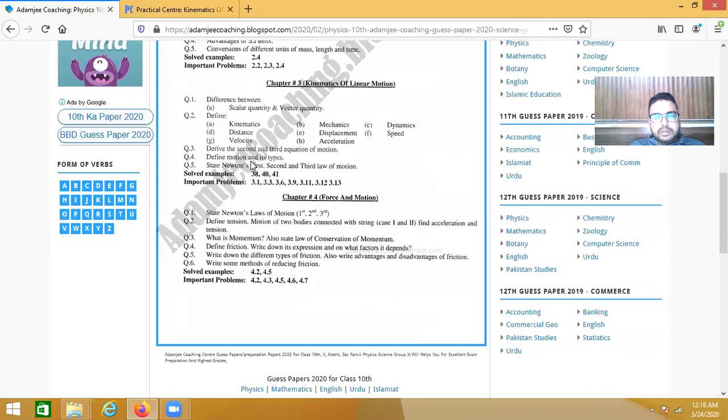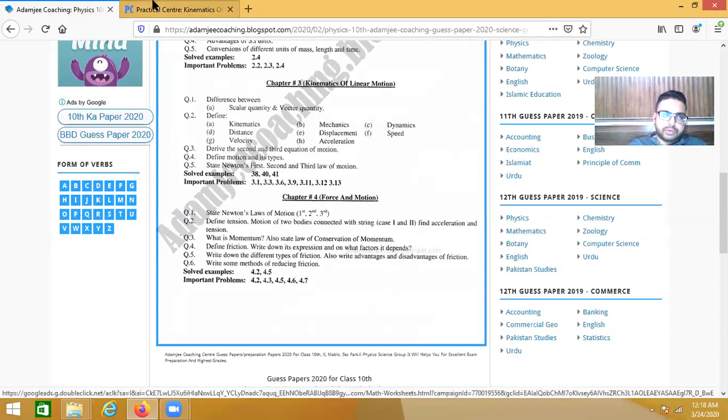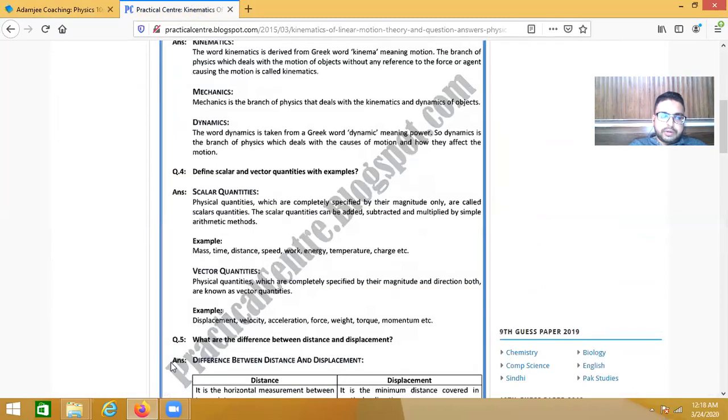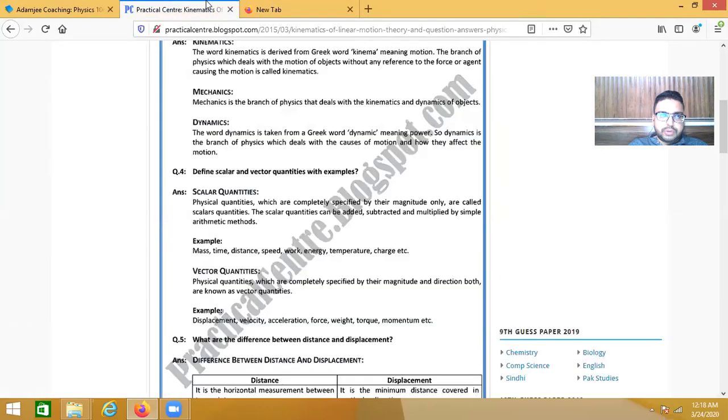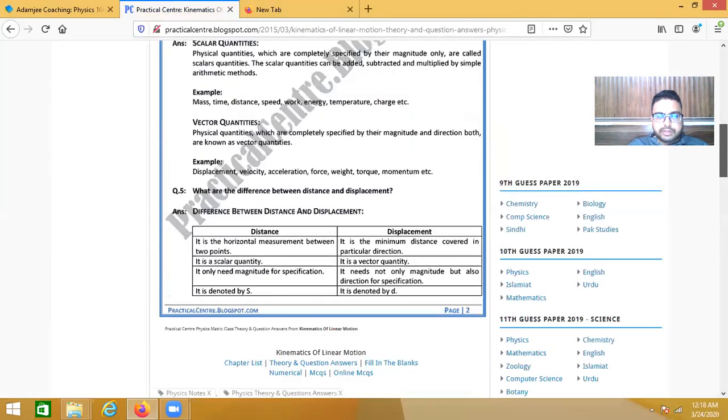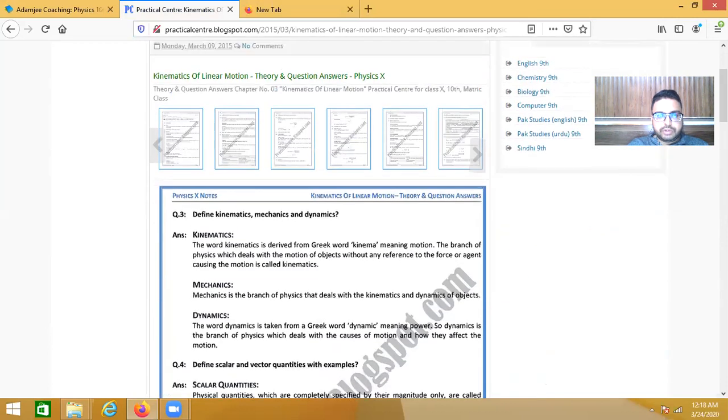The third question, and a very important question, is about the derivations of the second and third equations of motion, which is mostly part of the exam every year, you can say, right? For this, let me show how to work them out. I will show how we have derived these equations shortly.